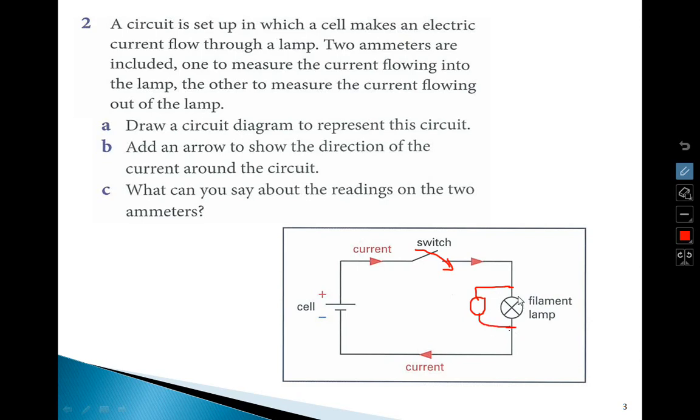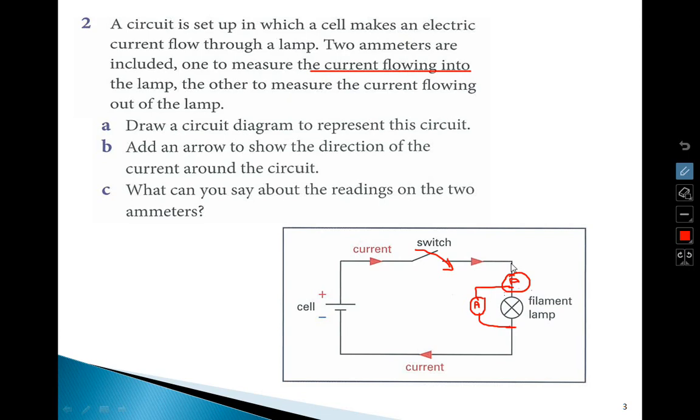So this ammeter A can be used to measure the current flowing into the lamp. We can put it like this, or we can put it here.